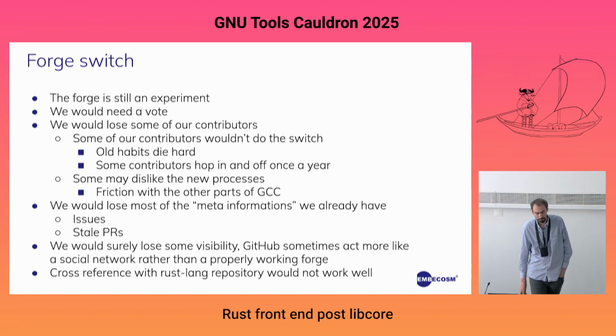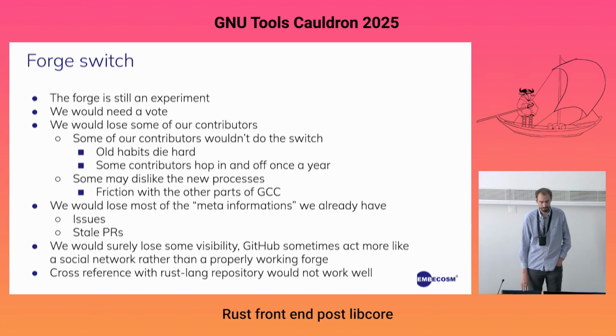GitHub sometimes acts more like a social network, and some people like that. To be fair, not many people from the GCC community do, but some of our contributors like that aspect of GitHub, and while it is not shared by most GCC contributors, it is a point to take into account.